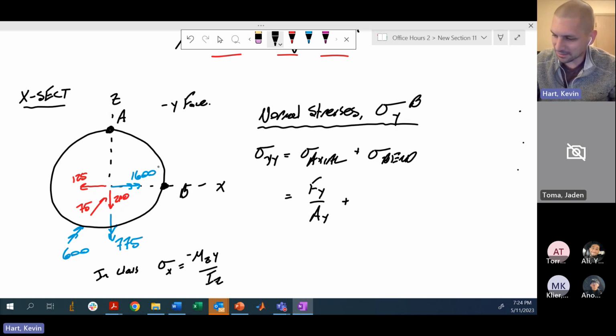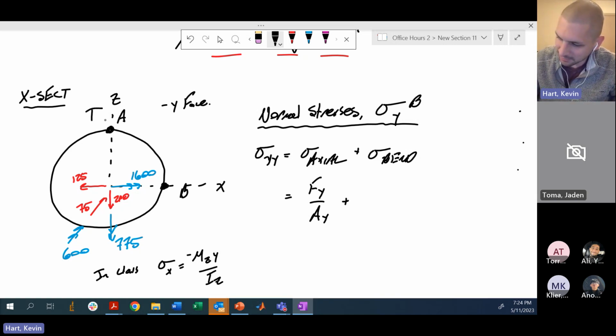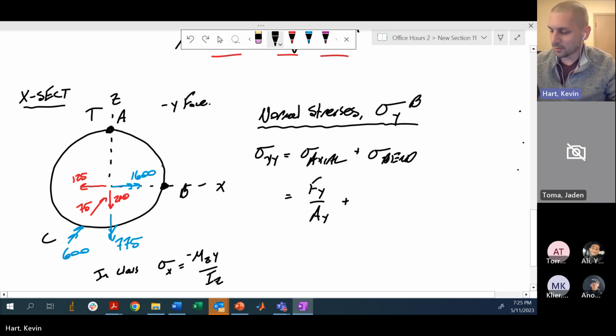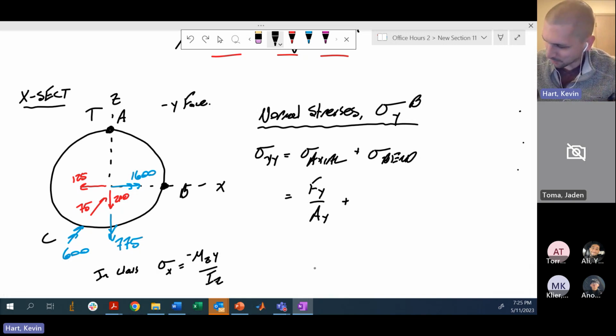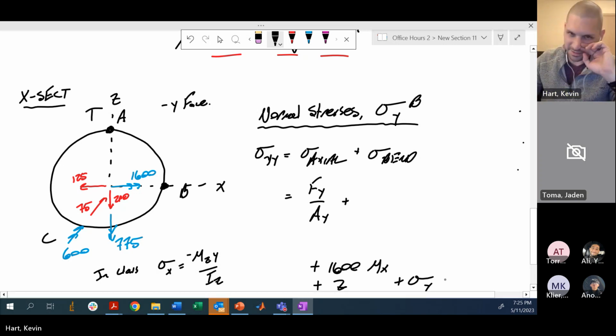But all right, let's take this 1600 for instance. We understand there's going to be tension up here and compression down here. This 1600 is in the positive x direction, right? So you would have a situation where a positive 1600 moment in x and a positive z distance gives you a positive sigma y. Is that clear, Andrew?